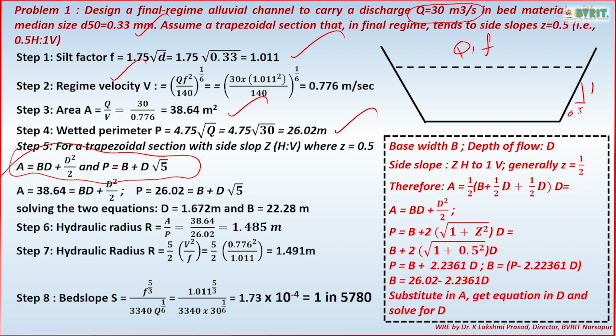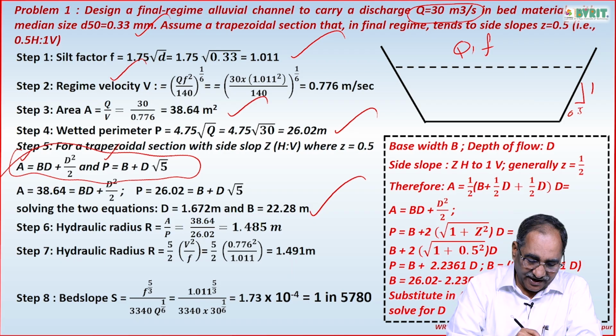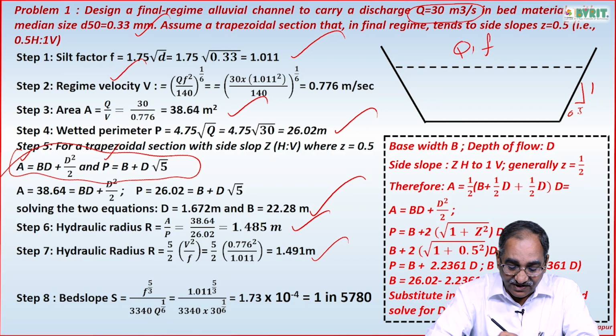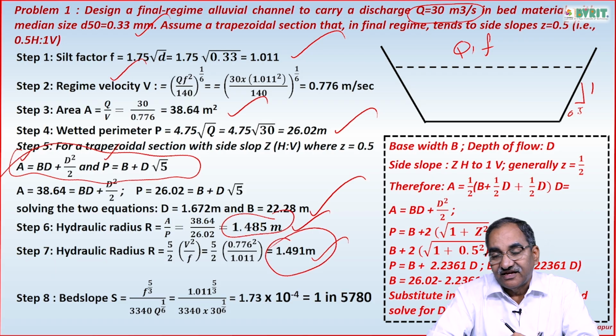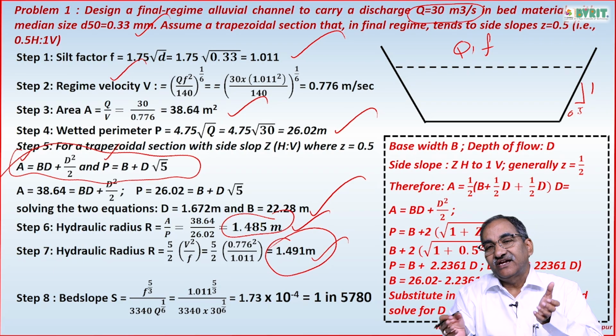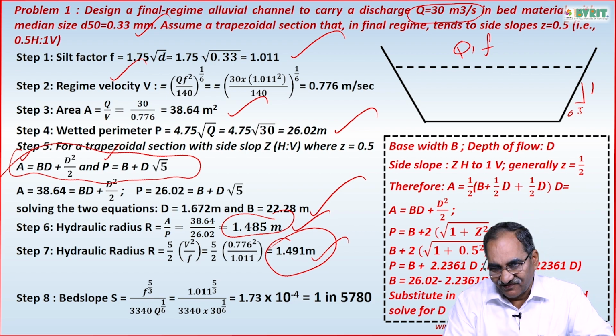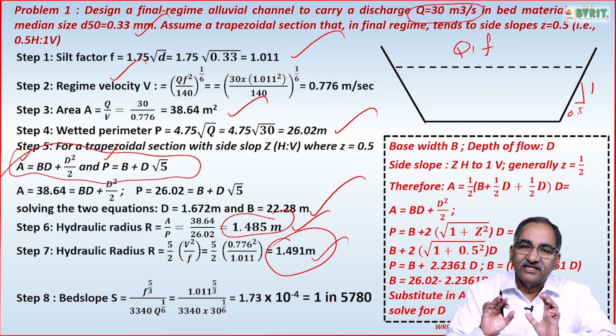Knowing those two equations, and the values of A and P, solve for B and D. Next, R is equal to A by P and R is equal to 5 by 2 V square by F. These two values, almost 1.48 and 1.49, are similar.